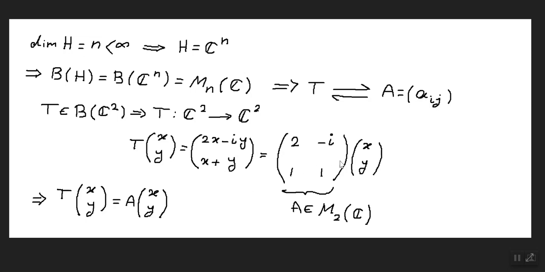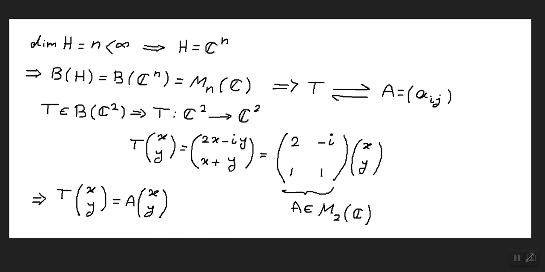This equals the product of the matrix with rows (2, minus i) and (1, 1) and this vector. Look, 2x minus iy, x plus y. So you can see this is a square 2 by 2 matrix with complex entries. This i is a complex number, remember. So simply T at (x, y) equals A at (x, y).